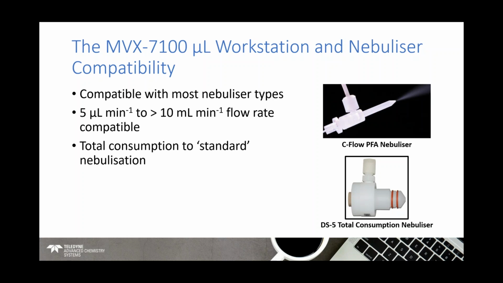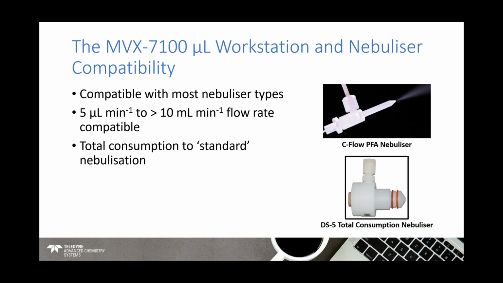Then it goes up to much greater flow rates, the higher end of what you might refer to as standard nebulization, anything up to 500 microliters per minute, up to a milliliter per minute, and beyond.